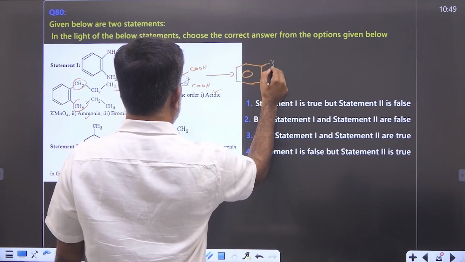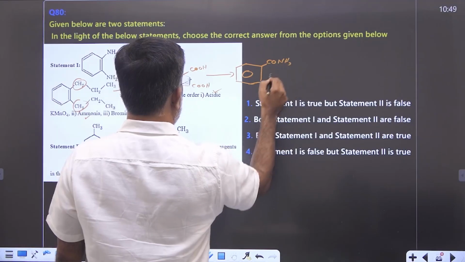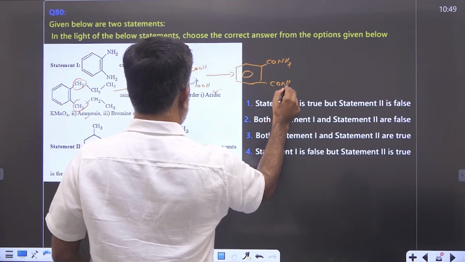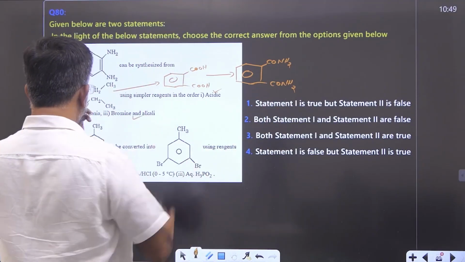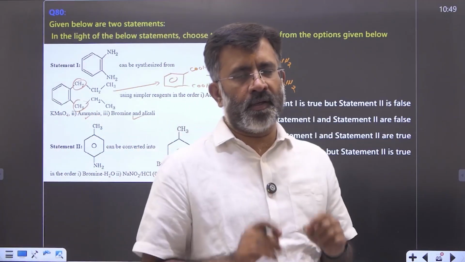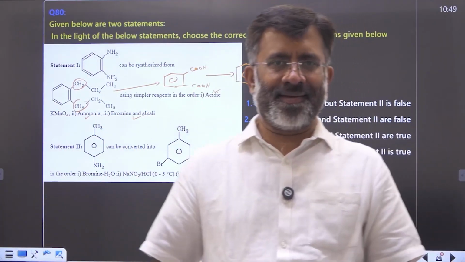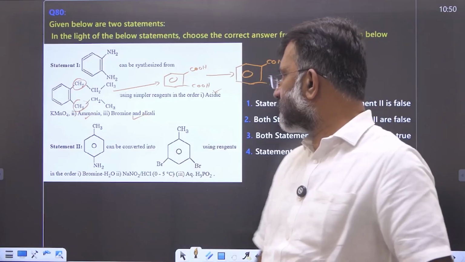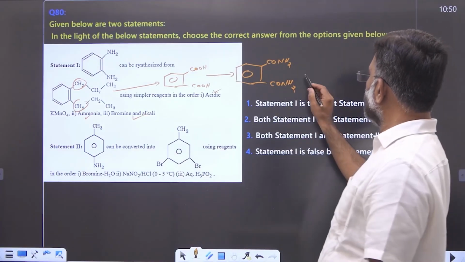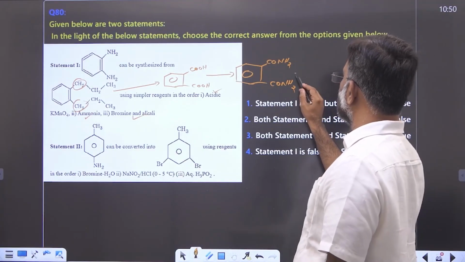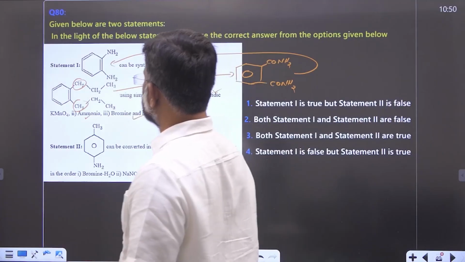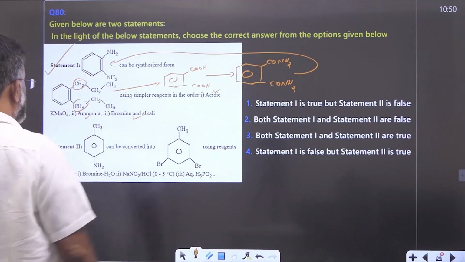And of course, on heating, you get CONH2, CONH2. That when treated with bromine alkali, you know, it is a degradation reaction. And the result will be, no doubt, this one. So statement 1 is correct.